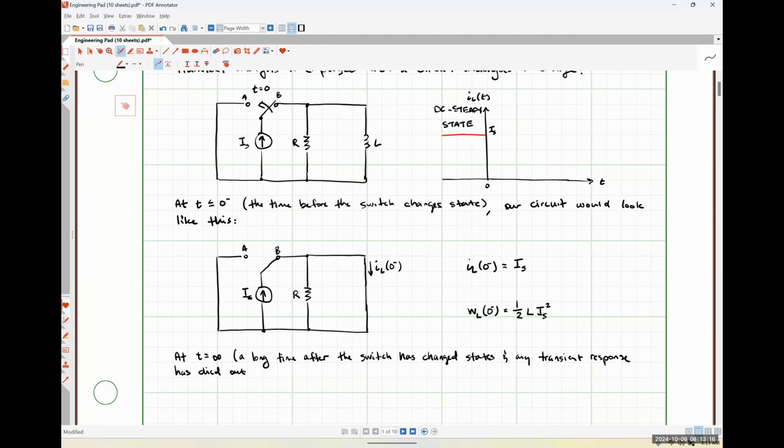So if our transient response is over, then this also represents a DC steady state condition because our circuit is no longer undergoing a change.